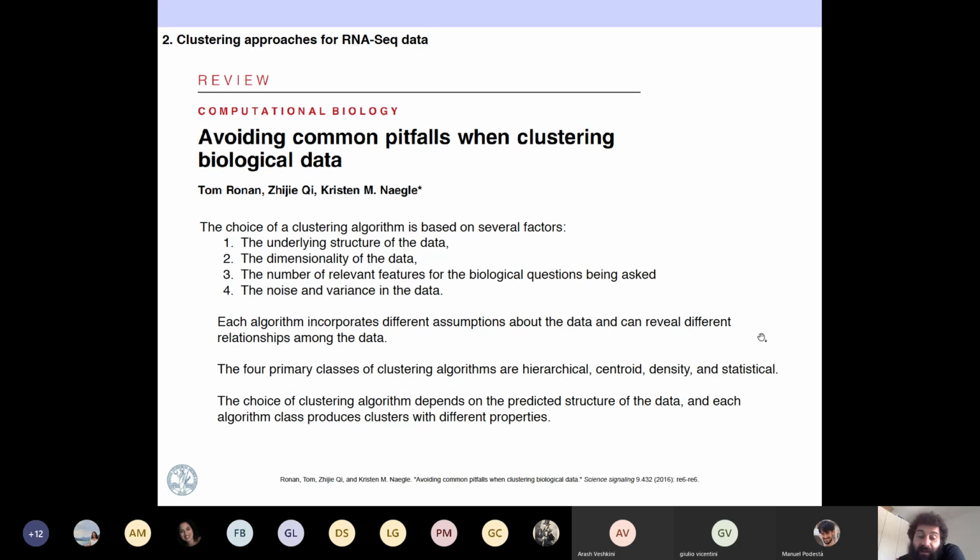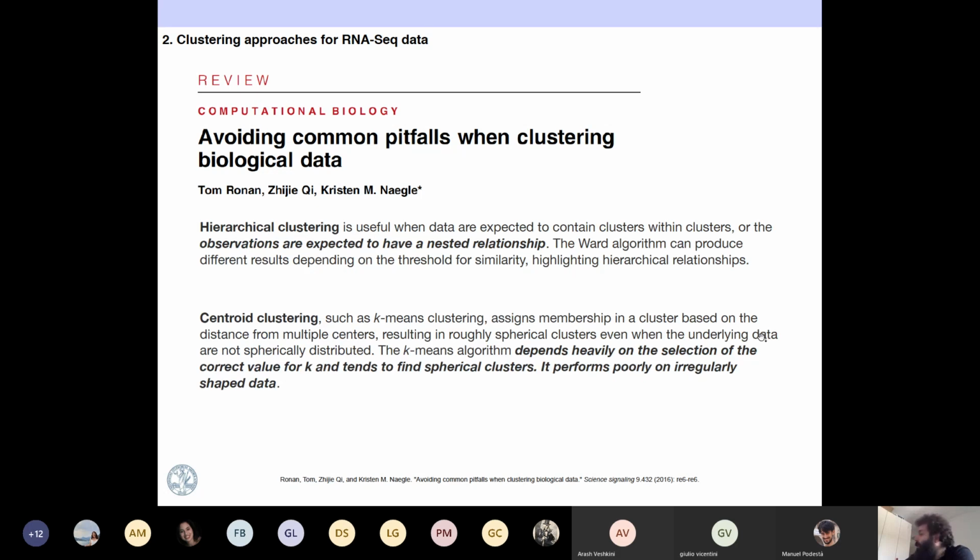The 4 classes that they spell out here, even if I put 2 examples, are hierarchical, centroid, density, and statistical. I explained hierarchical and centroid, but let me give you some ideas about those. Hierarchical clustering is useful when the data is expected to contain clusters within clusters, or the observations are expected to have nested relationships.